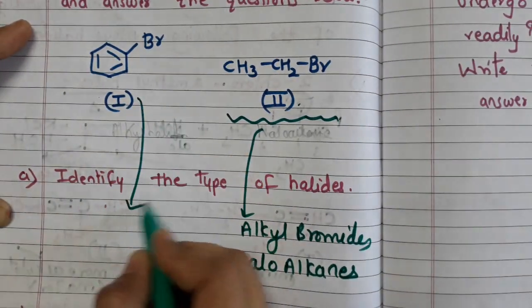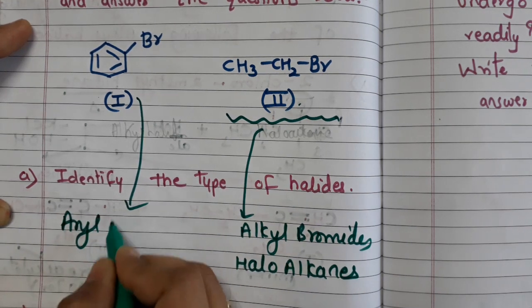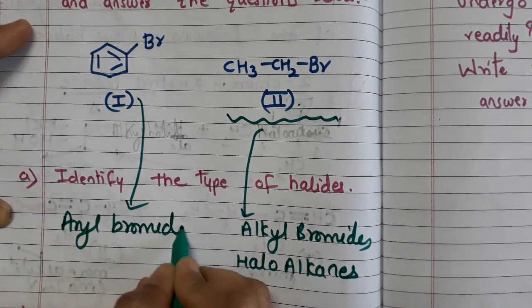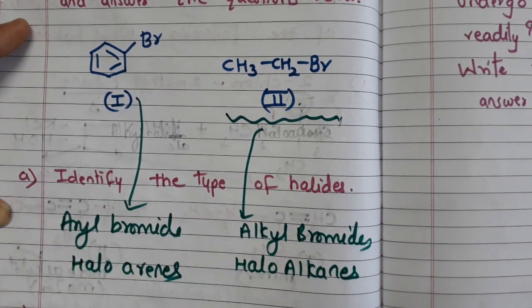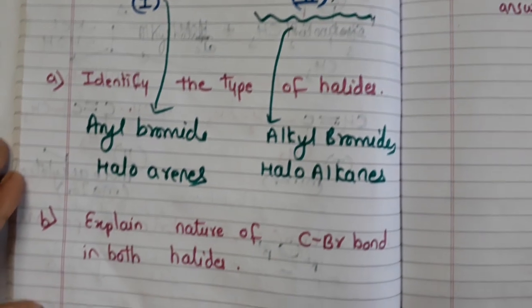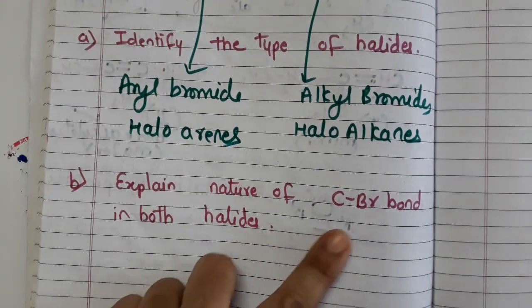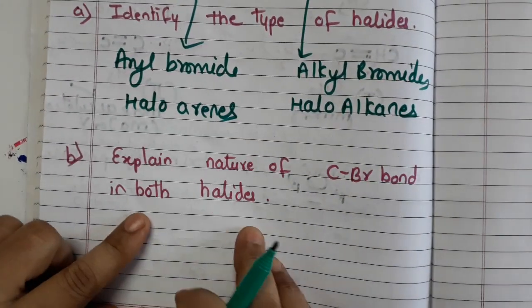And what about this? This is actually aryl bromide, or we can write these are haloarenes.